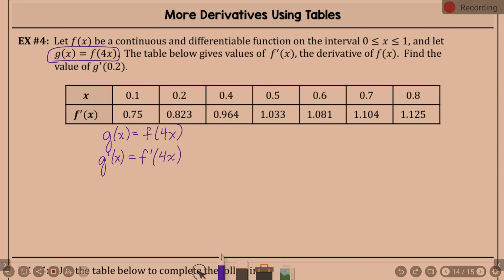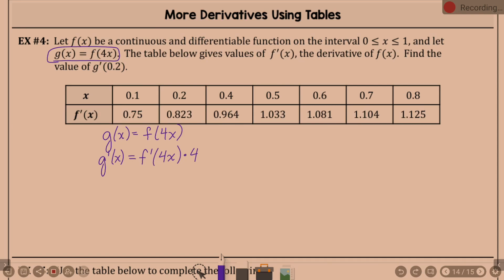You're combining your two steps. f prime of 4x is the derivative of the outside. Leave the inside as it is, so I left my 4x as it is. But then, what do we have to do? Times the derivative of 4x, and the derivative of 4x is 4. Okay? So there's your derivative, g prime of x.